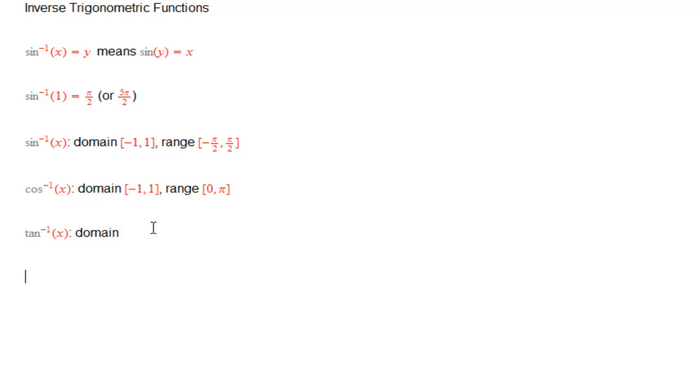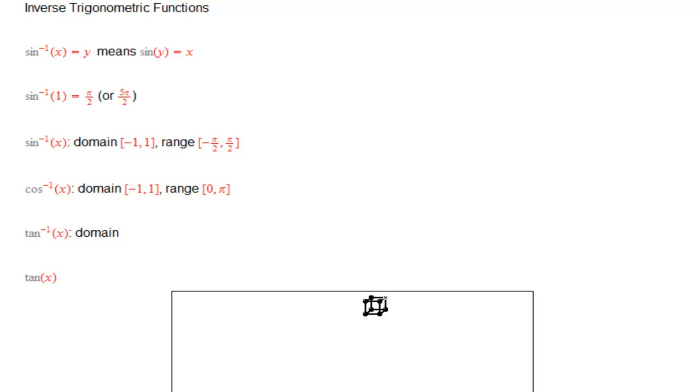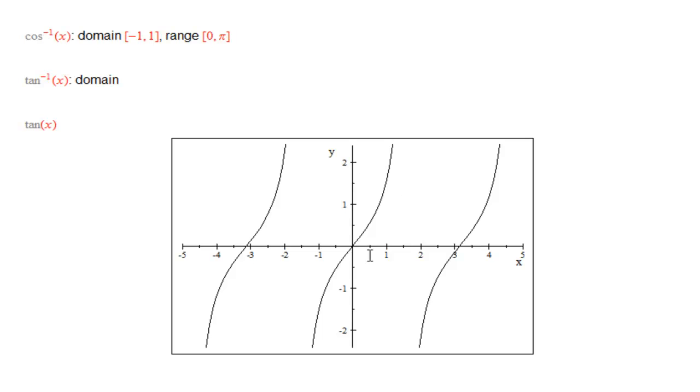Let's graph tangent. So if I have tangent of x, and I'm going to go up to 2D plot. Tangent of x looks like this. Okay, it's got an S-curve and it has vertical asymptotes every once in a while. Now where are these vertical asymptotes?